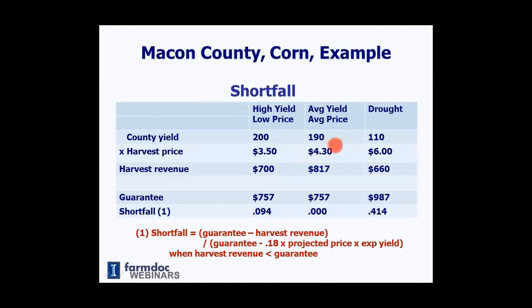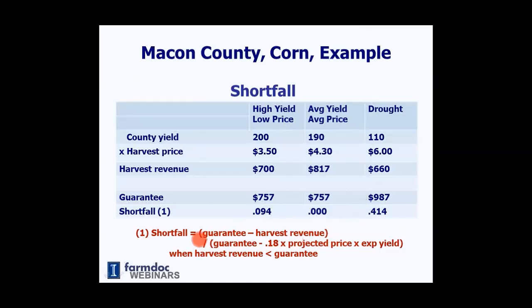Average yield, average price, $190, $430, $817. There's our harvest revenue. That is not below our guarantee, so a shortfall of 0. Drought, $110, $6 price, $660 revenue. But note our guarantee has gone up, and this happened in 2012 as well. 0.414 shortfall.